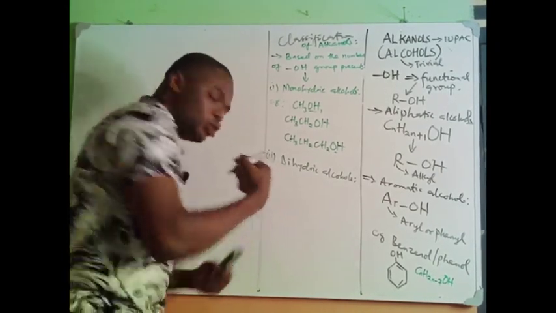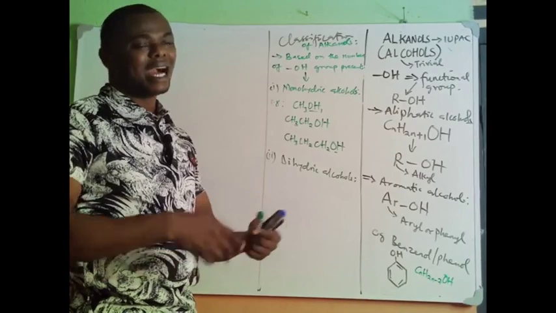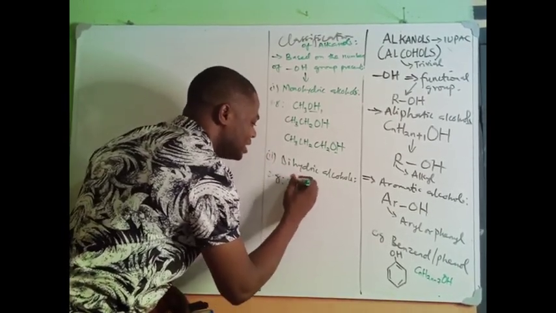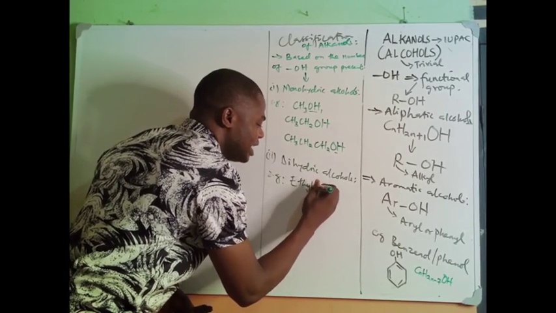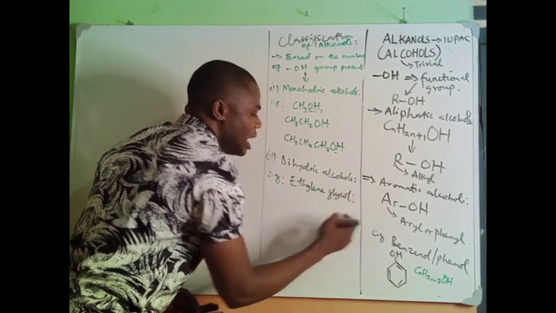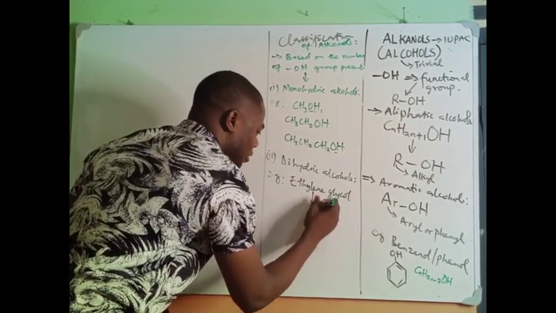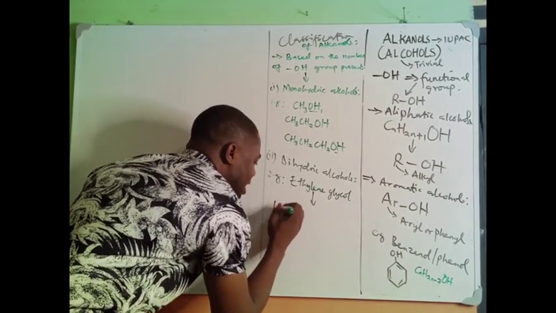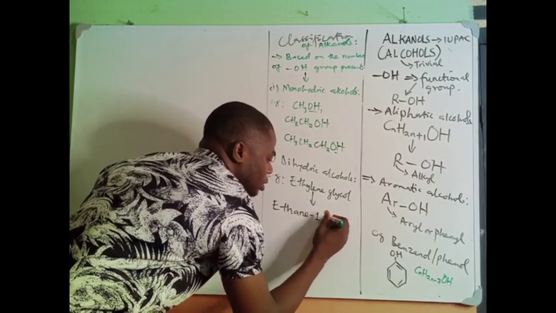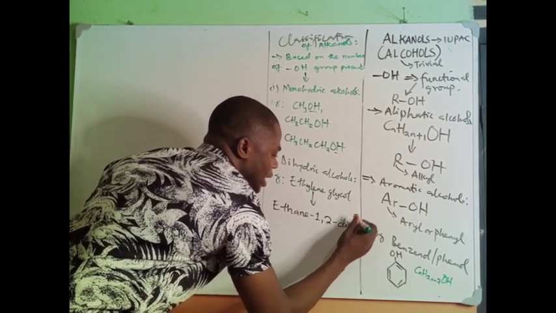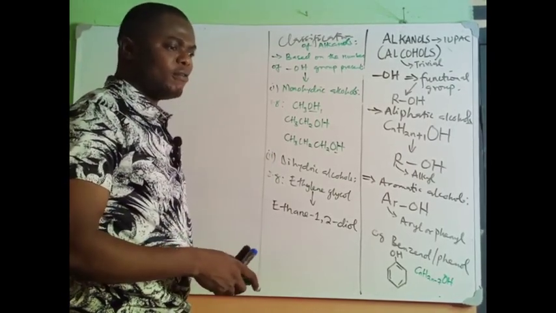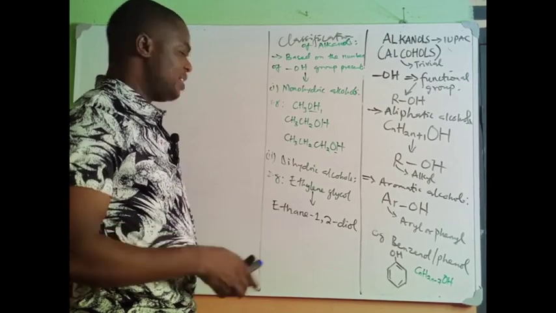And the most prominent example that every exam asks, please take note, very important, is ethylene glycol. That is an old name, and the IUPAC name is ethane-1,2-diol. That is a good example of dihydric alcohol.